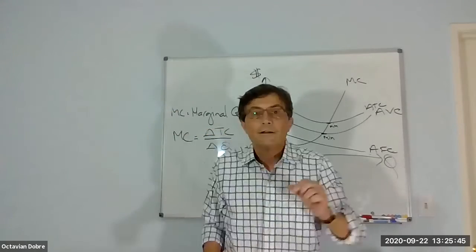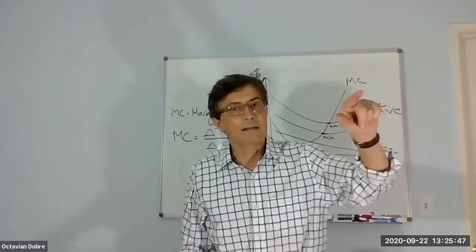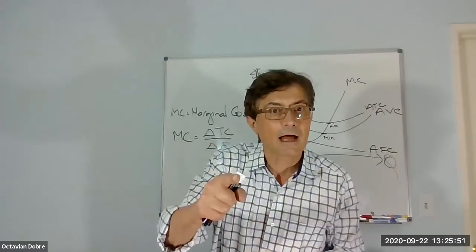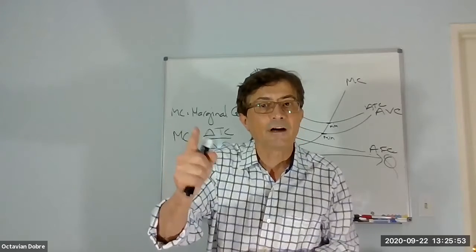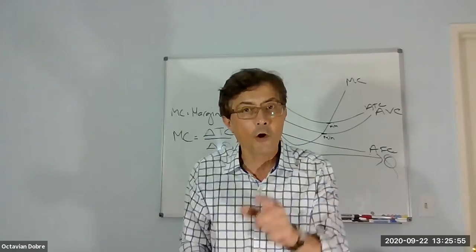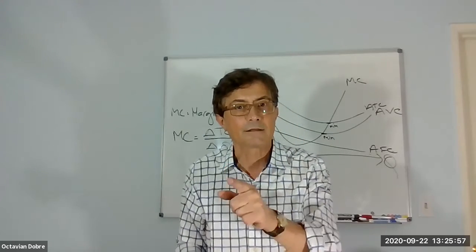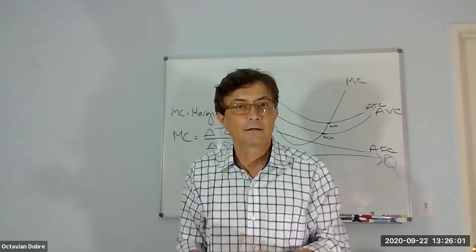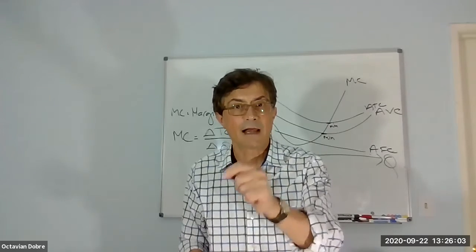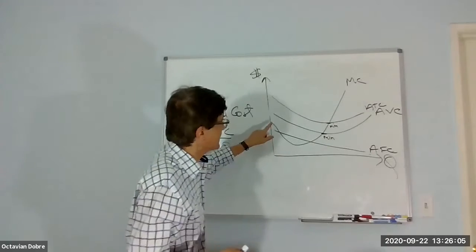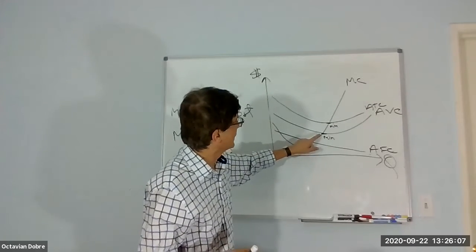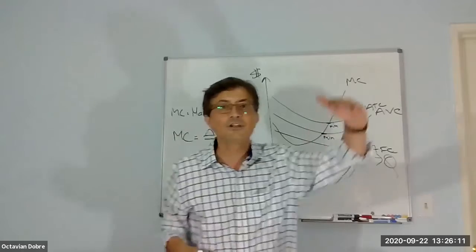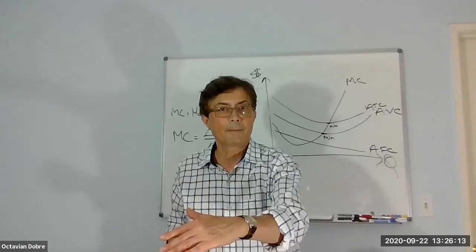Okay. Do you see what's happening? As long as each person that comes into the class has a GPA that is lower than the average of the class, what will they do to the average of the class? Lower it, exactly. So as long as marginal is below the average, the average will go down.